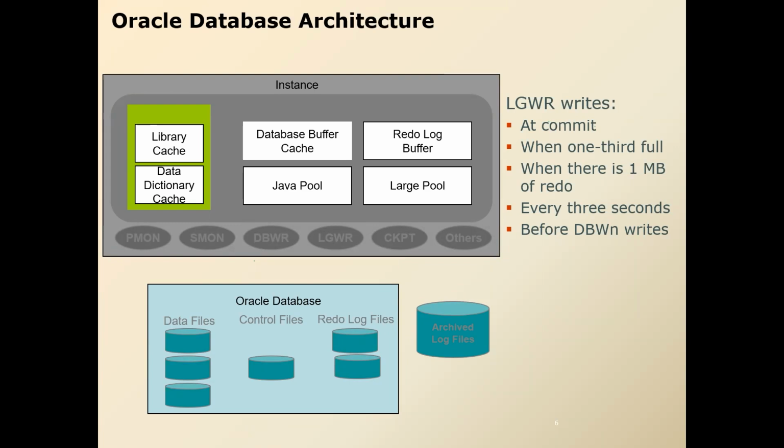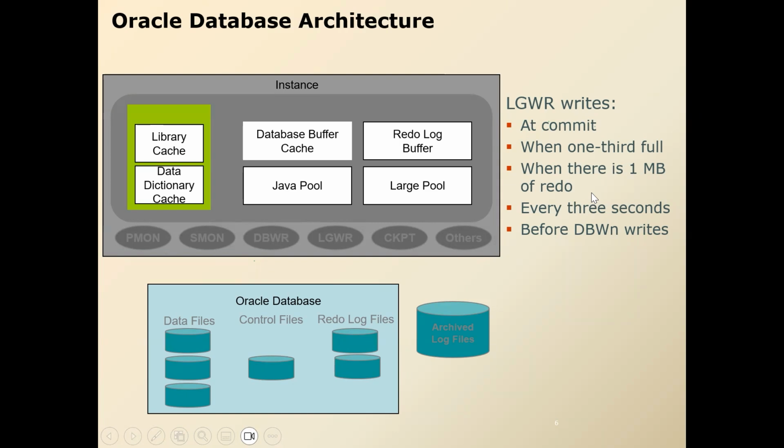Now, data from the redo log buffer gets written to the redo log file with the help of the log writer process. So the log writer process writes the dirty buffer from the redo log buffer to the redo log file. Your log writer process writes the data under these conditions.